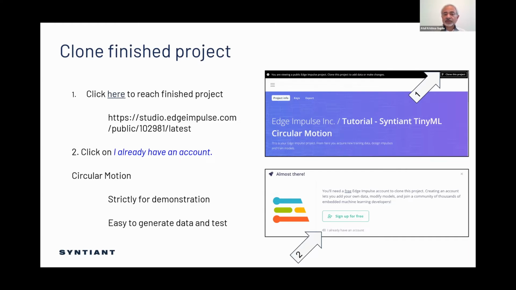You don't have to go outside or do something difficult. Anybody can do it, and all you need to do is take the device and move it in a circular motion on a table. So that's the definition of the project, and let's see how we would go about doing it.